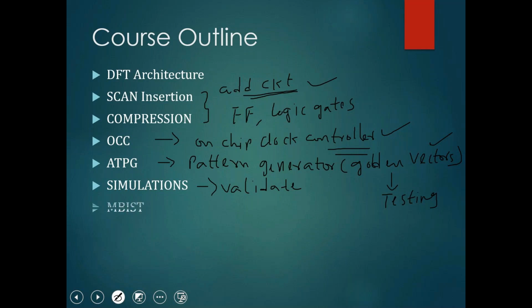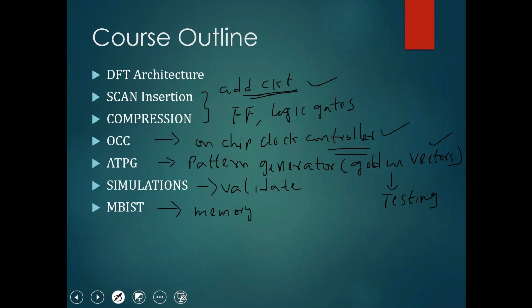Once the simulation is done, there are a couple of other items here. One is MBIST, which stands for memory based. We know that memories are very crucial, important components in the device. Of course, they are related to analog, but we have a method in DFT by which we can even test this analog component, which is memory.